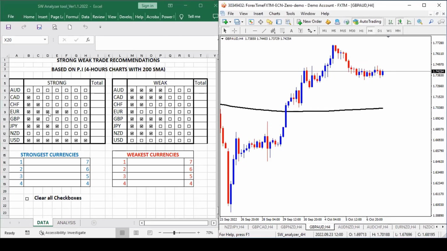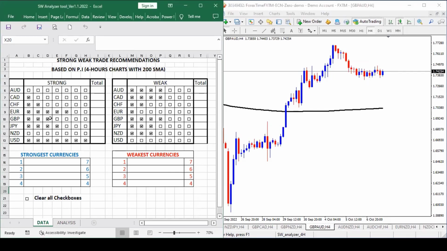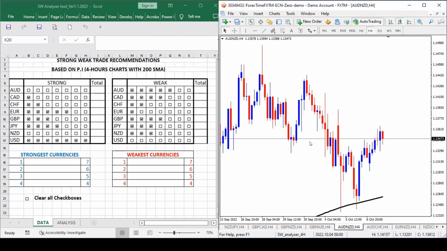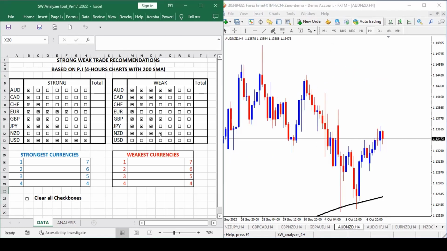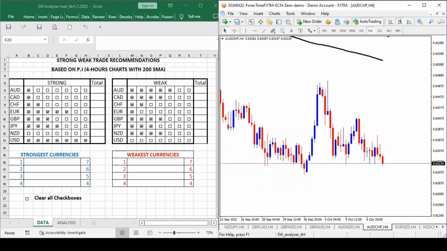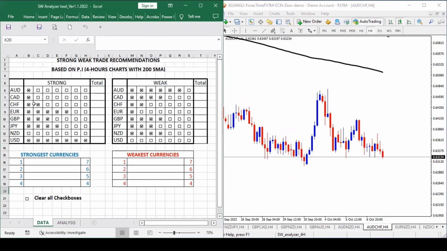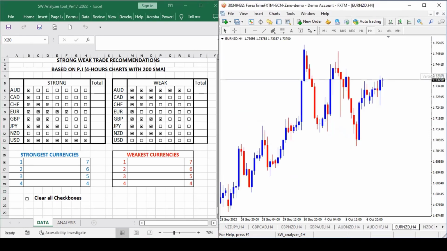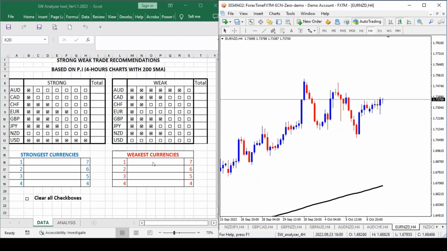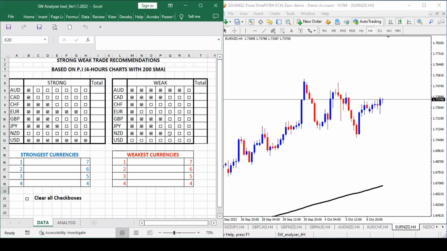Pound AUD, the pound will have an up arrow and the AUD will have a down arrow. AUD New Zealand, the AUD will have an up arrow and the New Zealand will have a down arrow. AUD CHF, the AUD will have a down arrow and the CHF will have an up arrow. Euro New Zealand, the Euro will have an up arrow and the New Zealand will have a down arrow.